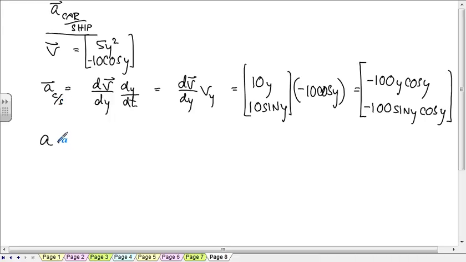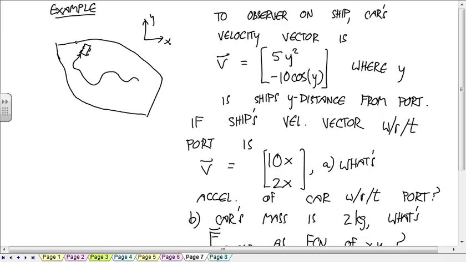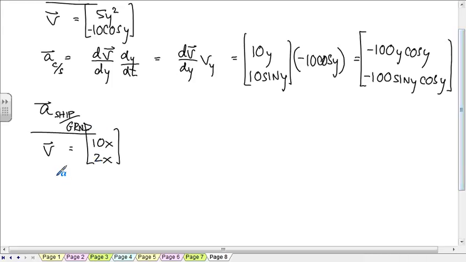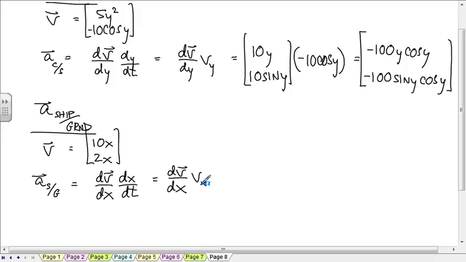And now for the acceleration of the ship with respect to the ground, the velocity is 10x, 2x. So the acceleration of the ship with respect to the ground is dv/dx times dx/dt, which is dv/dx times the x component of the velocity.